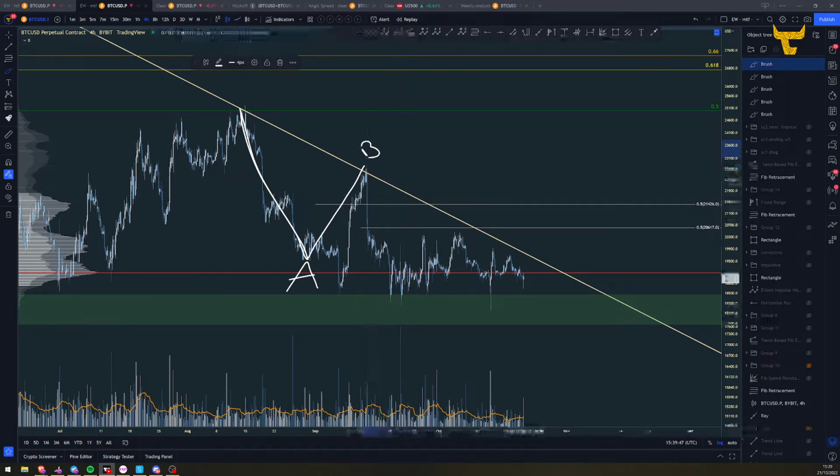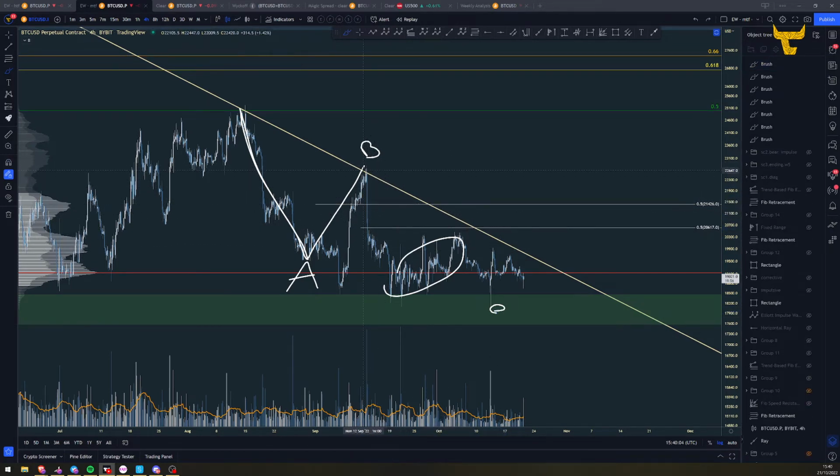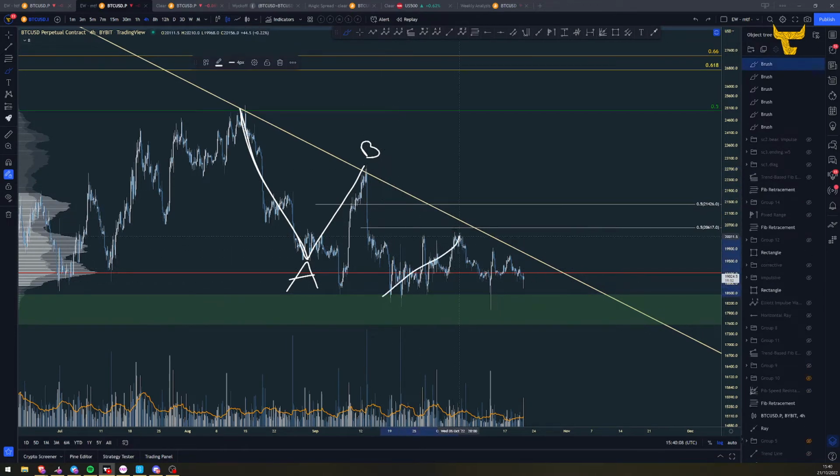We still need to be able to count 5 waves down from that high, which we count here. We have a lot of consolidation here, and we have our lowest point here. And we don't have anything that can be counted here. We don't have a 1, 2. This consolidation could be a wave 4, for example, but there is no wave 2 here, so it can't be a wave 4.